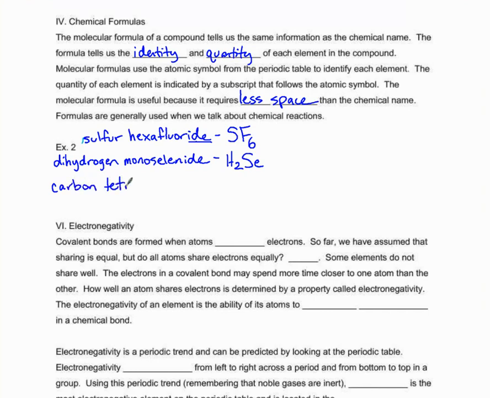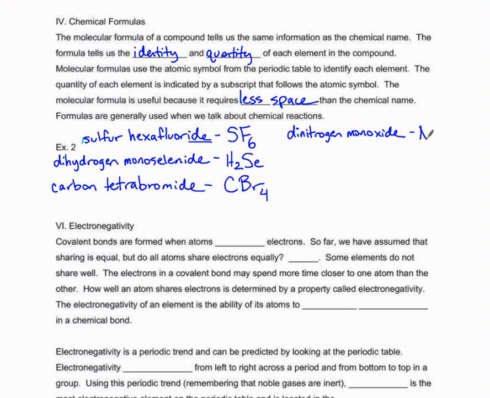Here is carbon tetrabromide. Carbon without a prefix, just 1. Tetra means 4. Bromide is bromine, Br. So we have CBr4. A few others. Dinitrogen monoxide.